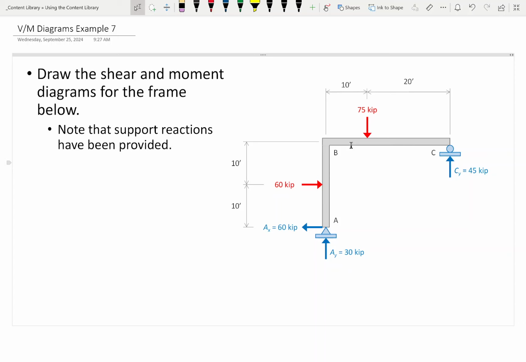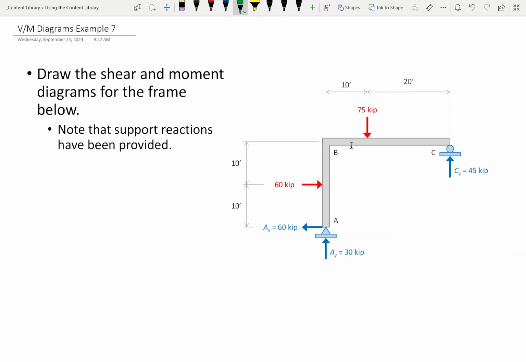In order to do that, I need to break out my secret weapon. When I draw the shear and moment diagram for member AB, I need to know what's going on at point B in order to complete the moment diagram. So I'm going to cut a section.